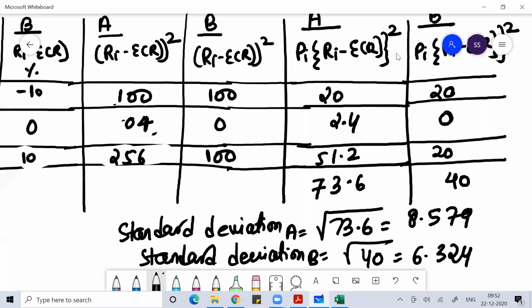Clear everyone? Okay, so we got the standard deviation, we got the expected return also.